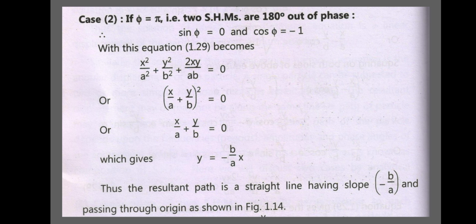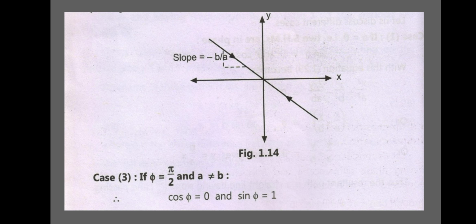From this equation we get y = −(b/a)x, which is also a straight line equation. So the resultant path is a straight line having negative slope −b/a and passing through the origin as shown in figure. Now this graph shows that it is a straight line with negative slope b/a and passing through the origin.